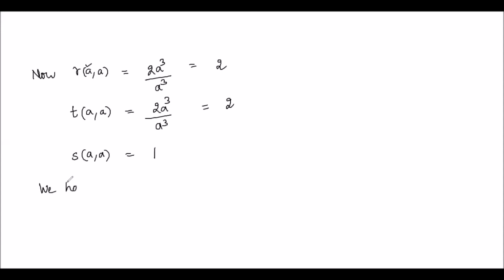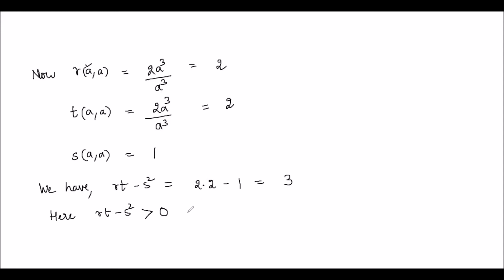Let us find out RT minus s square. R is 2, T is 2, S is 1. So what we are getting? 3. Here RT minus s square is 3, so it is positive, it is greater than 0.